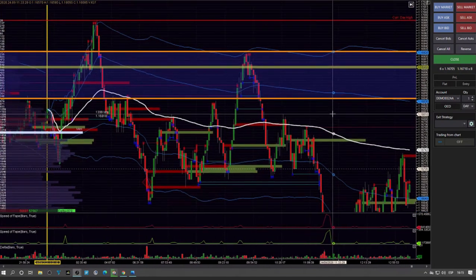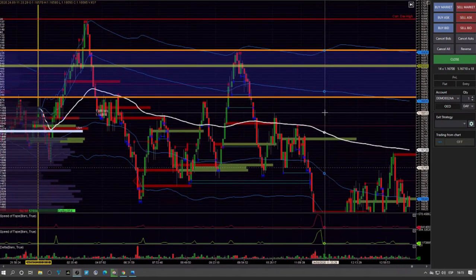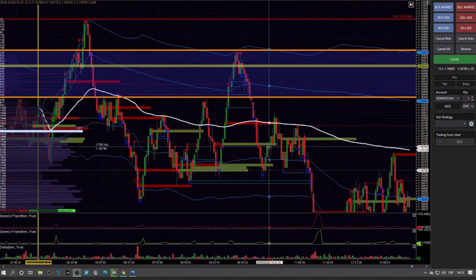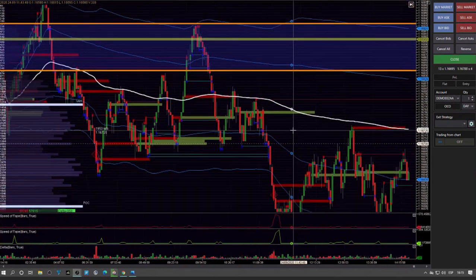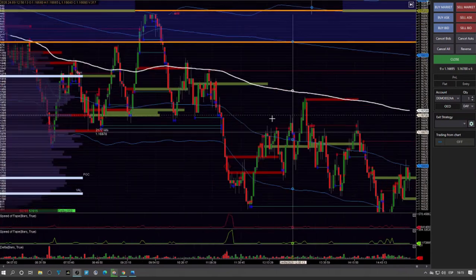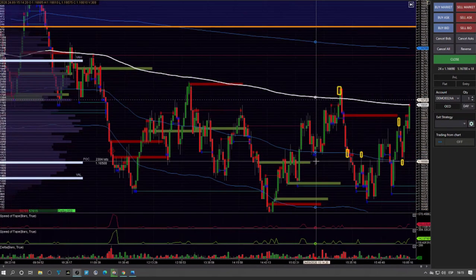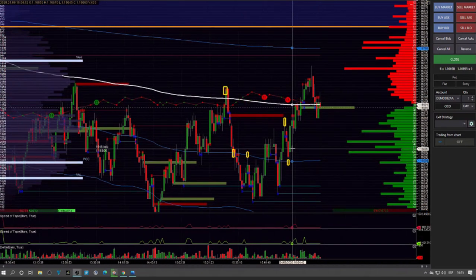Once you have the platform installed and set up, I can send you my template, or you can set it up yourself as you wish. But if you are trying to use my method, I can send you the templates, so you can just put it on your own platform and start trading from there.